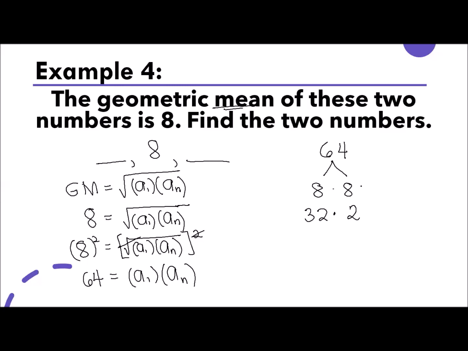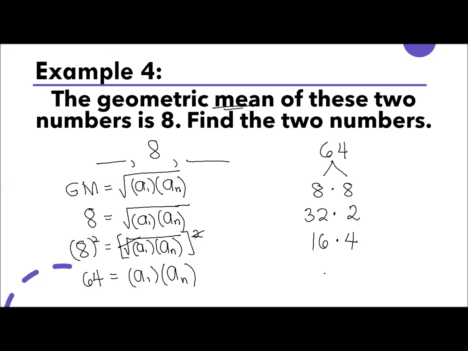Pwede rin ba siya kay 4? So, let's try. 64 divided by 4. So, pwede. So, 16 times 4. Meron pa ba? Divisible ba siya kay 3? No, kasi 6 plus 4 ay 10. I think wala na. So, ngayon, iisipin natin, ano yung suswak dito?